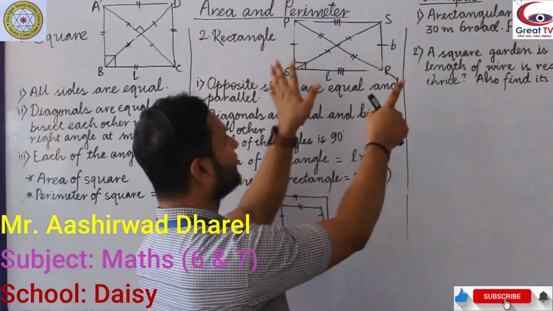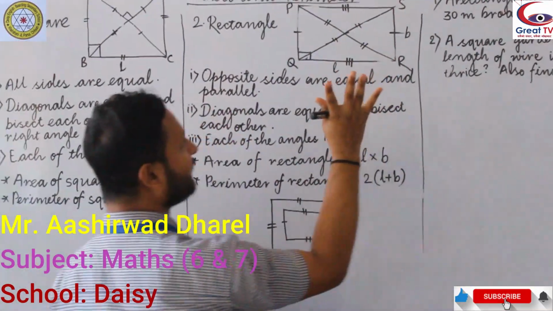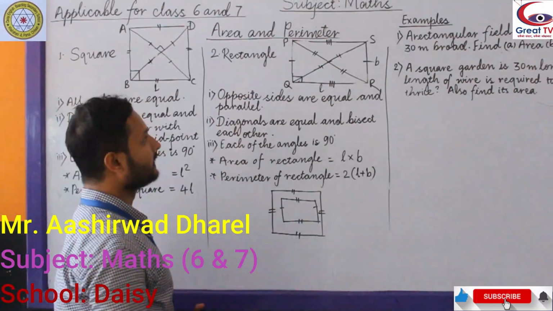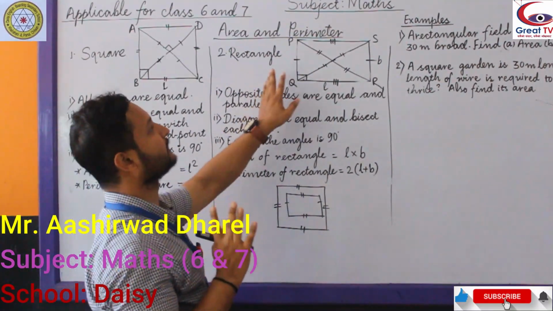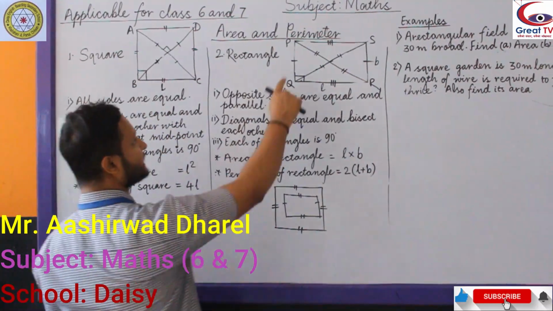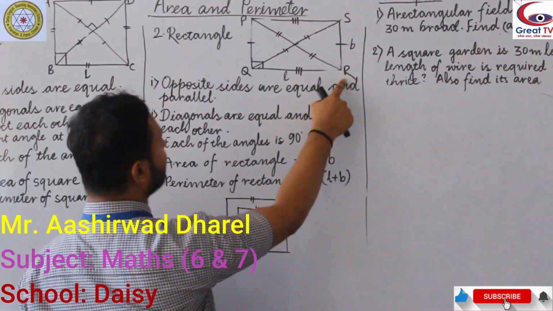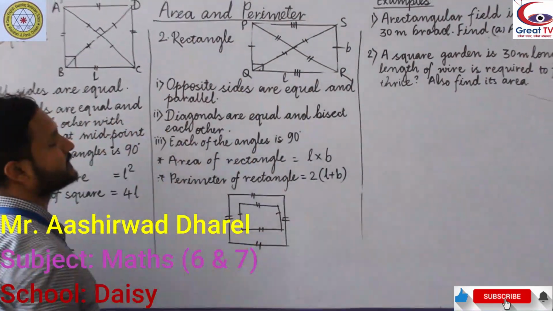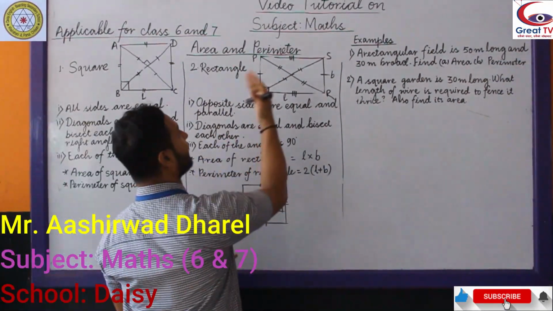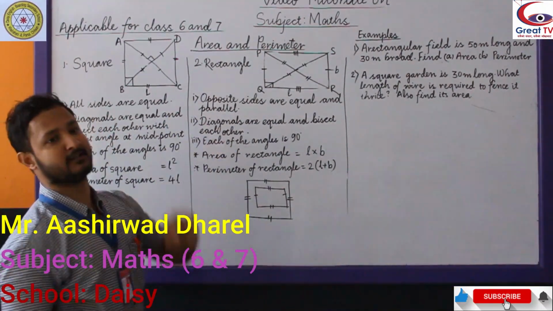PQ and SR, they are equal and at the same time they are parallel as well. Similarly, this line segment PS and QR, they are also opposite to each other and equal to each other. Not only that, they are parallel to each other.